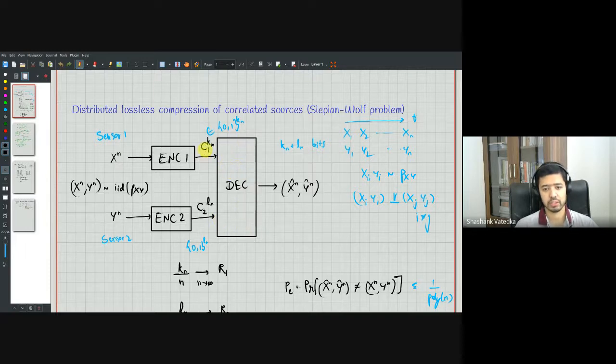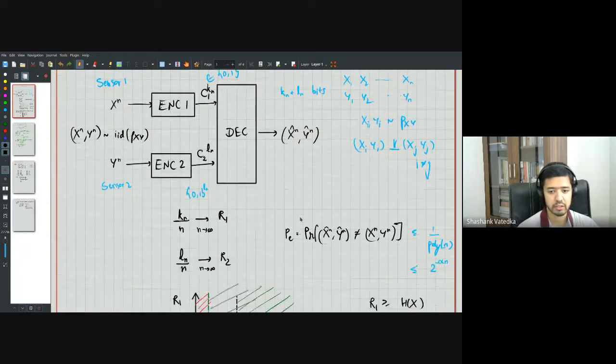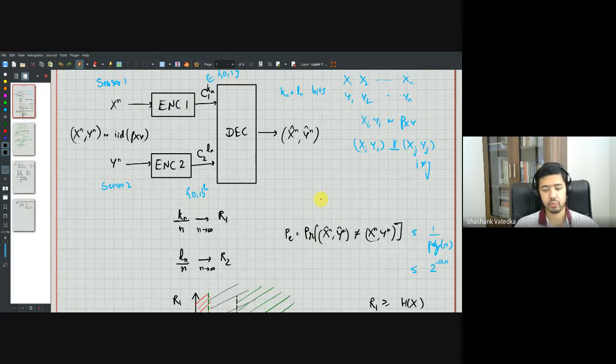So the compressed files are given to a single decompressor, which has to output the original files xn and yn. All right, and our goal is to understand under a vanishing probability of error constraint, what is the smallest R1, R2, the smallest rates that we can achieve for this compression problem.